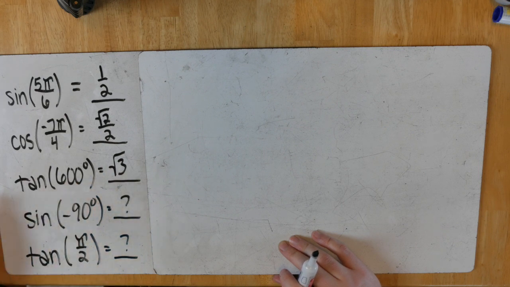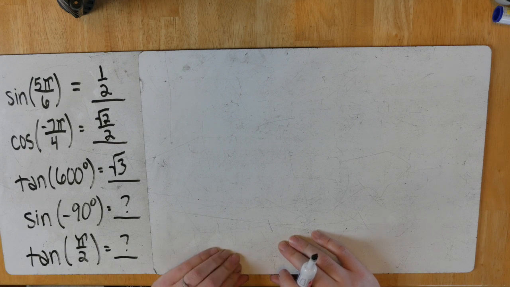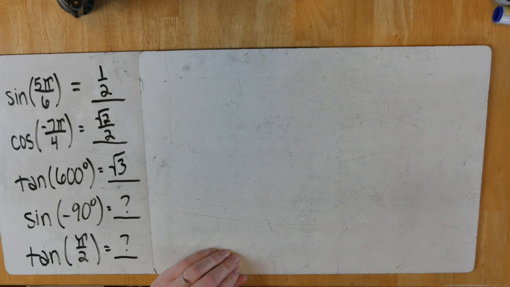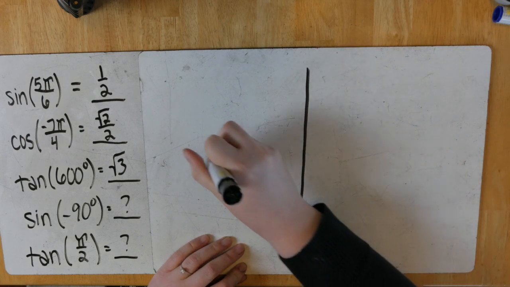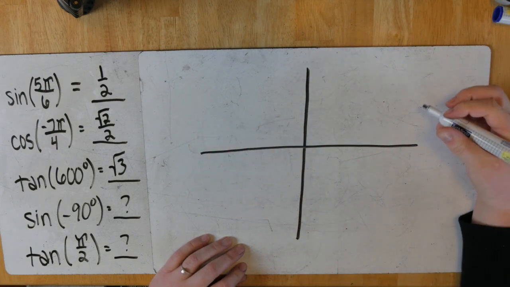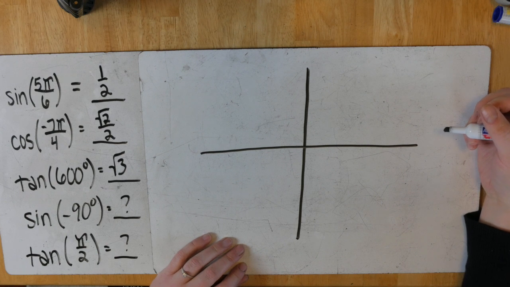And I think that's great so long as you always finish a problem in whatever unit you were given. So you always have to make sure that at the end of a problem you convert back to whatever unit you were given. But if you're able to be more successful in degrees, then by all means use degrees each and every time. That will make you much stronger at converting back and forth as well.